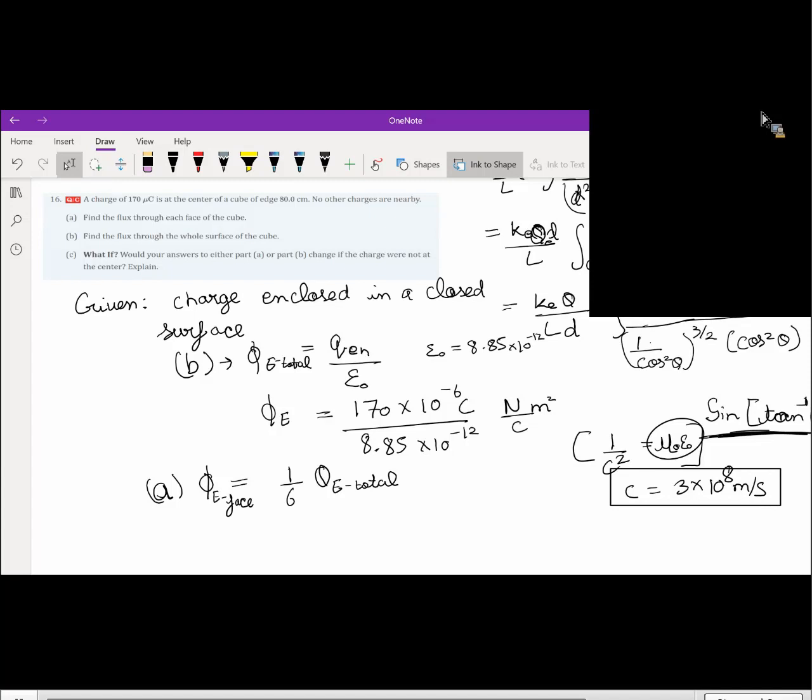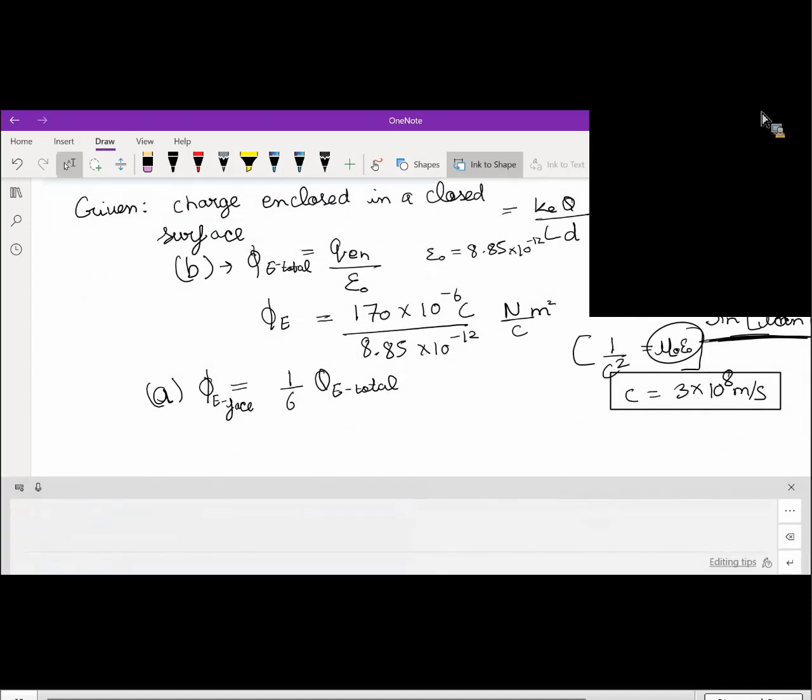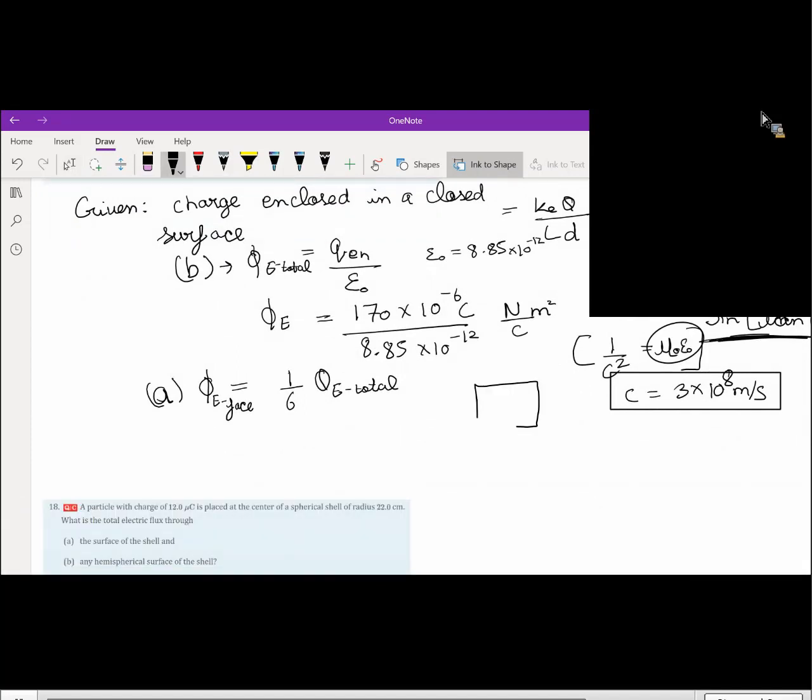Here it is. I feel very sorry to break it to you, but for part A, yes, it will change. The flux through each face of the cube will change, but the total flux won't change. If you have a cube and the point charge is here for part C, then the field lines come out like this.